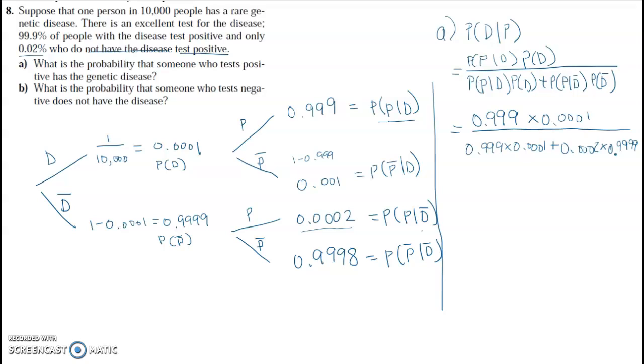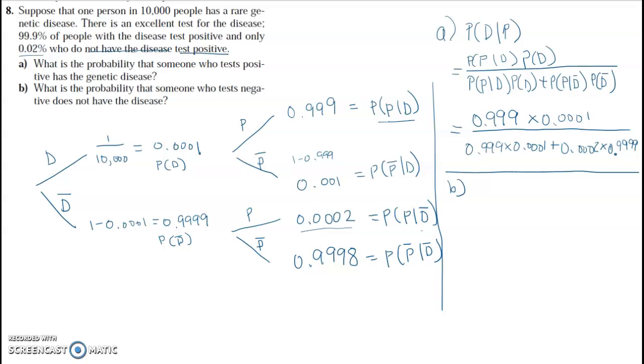So that means that if you were tested positive, because the disease is so rare, the probability of you actually having the disease is only 33%. That's how it could be interpreted. All right, so that was part A.